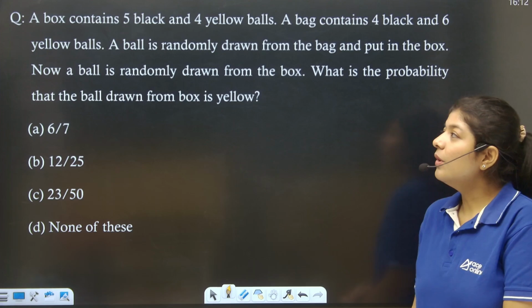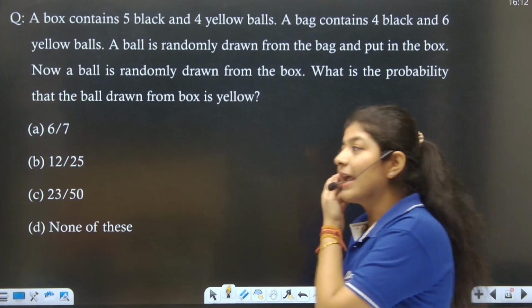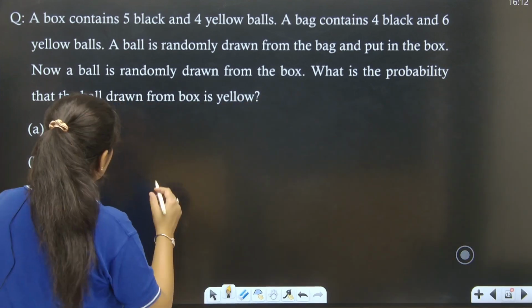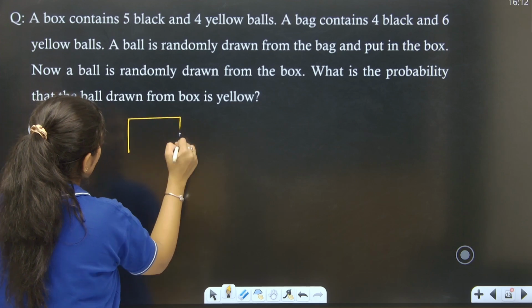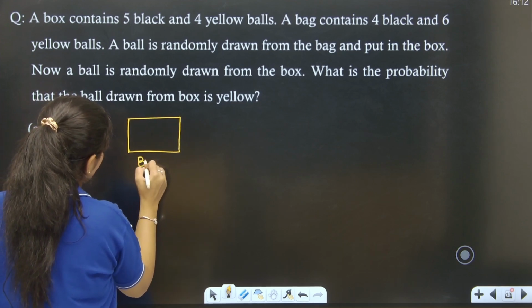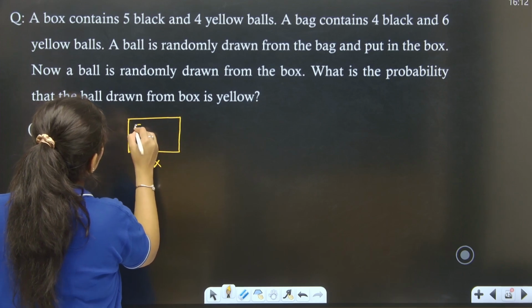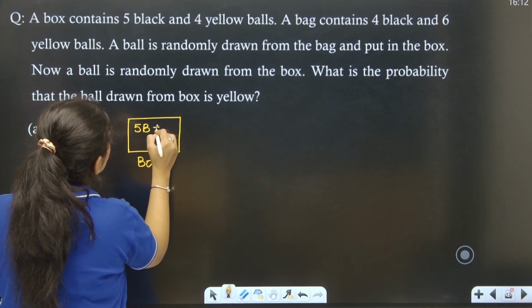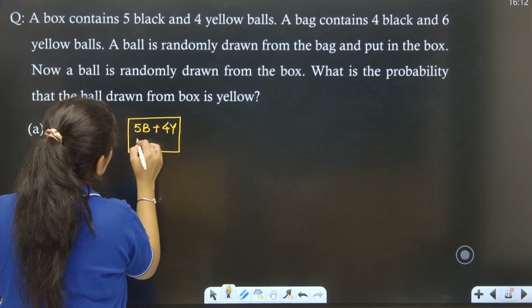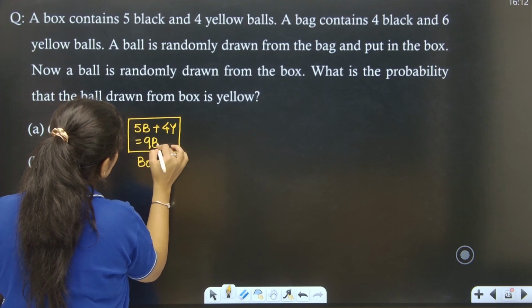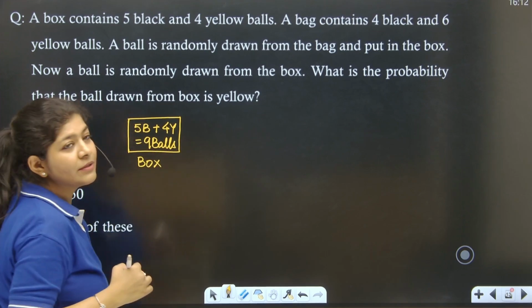The question is saying that here we are having a box and a bag. Let's suppose this is my box. In the box, we are having 5 black plus 4 yellow balls, so total 9 balls.